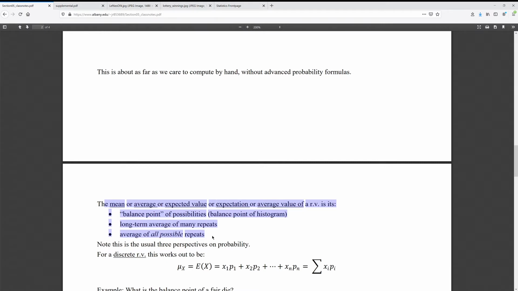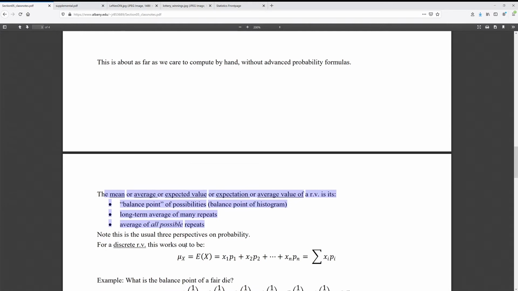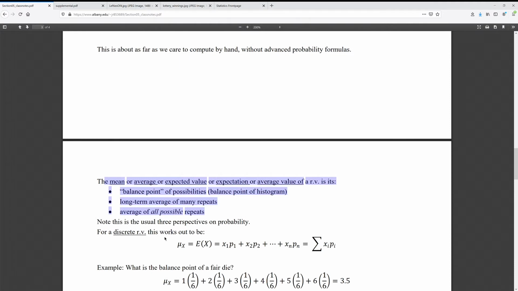More precise than that we can't be without calculus, in particular without integration. So it's not going to happen in a course like this. However, for a discrete random variable, again, there's not a lot more we can say about continuous random variables that we haven't already said, not in a course like this. So I'll show you how this all fits together for continuous random variables in the next section, as much of it as we're ever going to do.